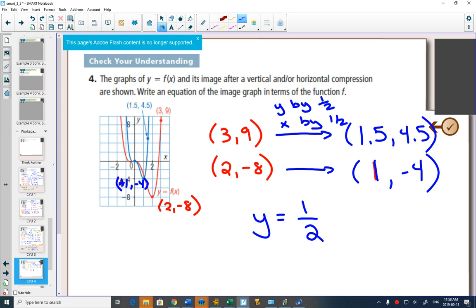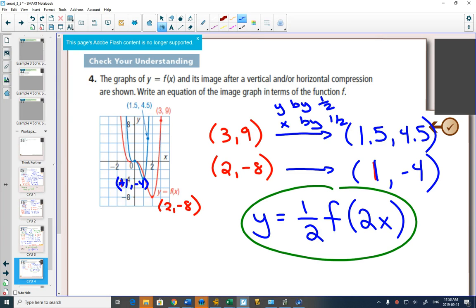The x by 1/2 would be something inside the function. So now I can write my function f. What would be inside the function to get x by 1/2? A 2x, the reciprocal. And so now we have written the equation in terms of f.